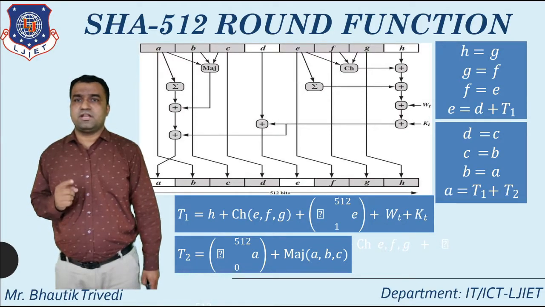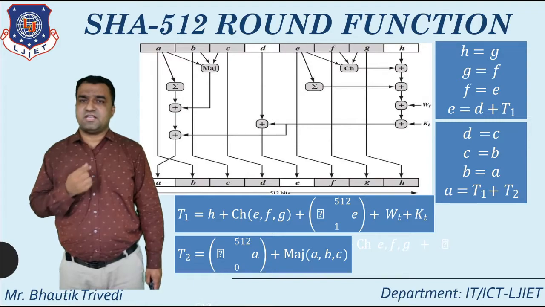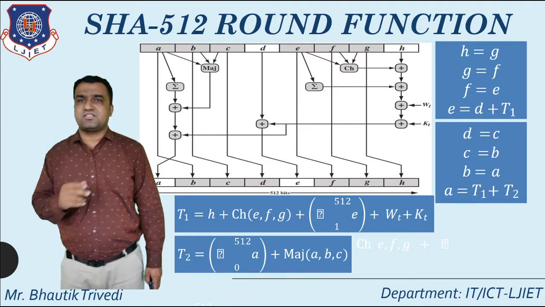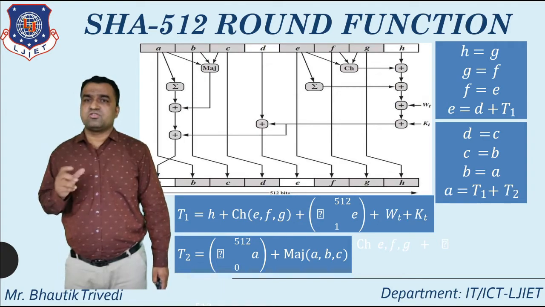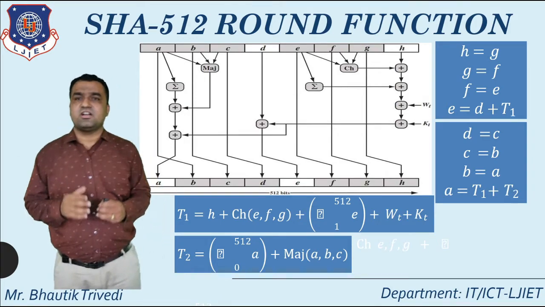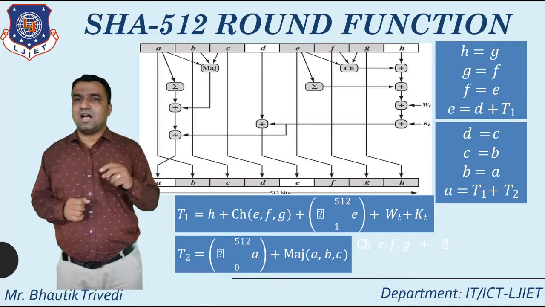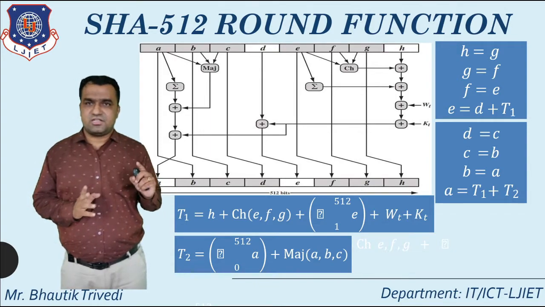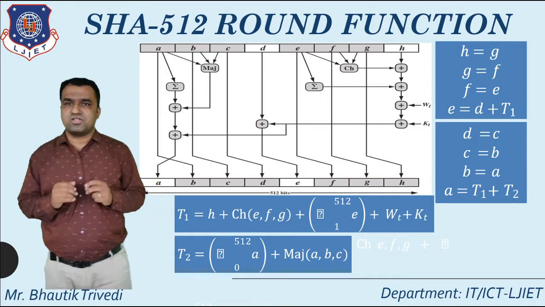One is Ch, where you pass E, F, G as input, and the second is the majority function, where you pass the three inputs A, B and C. Using these you generate T1 and T2, and then calculate the output buffer A up to H. So that's the logic of the SHA-512 round function.